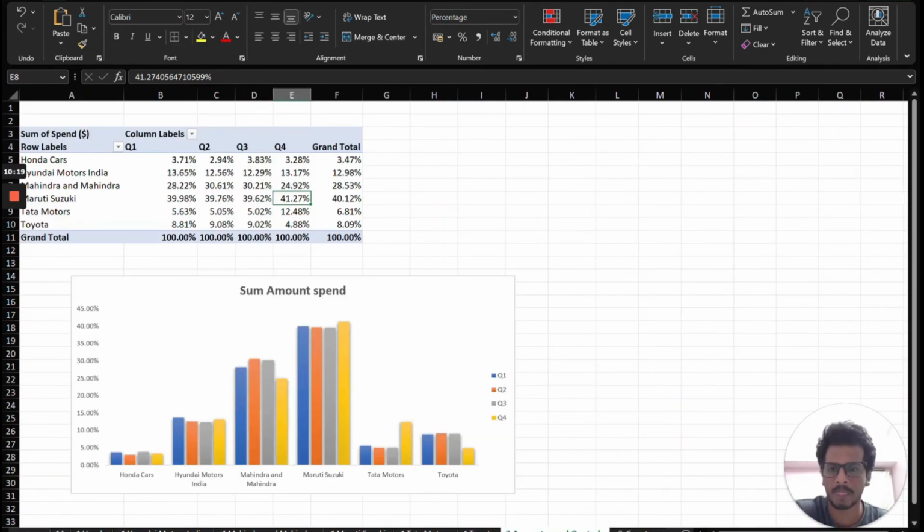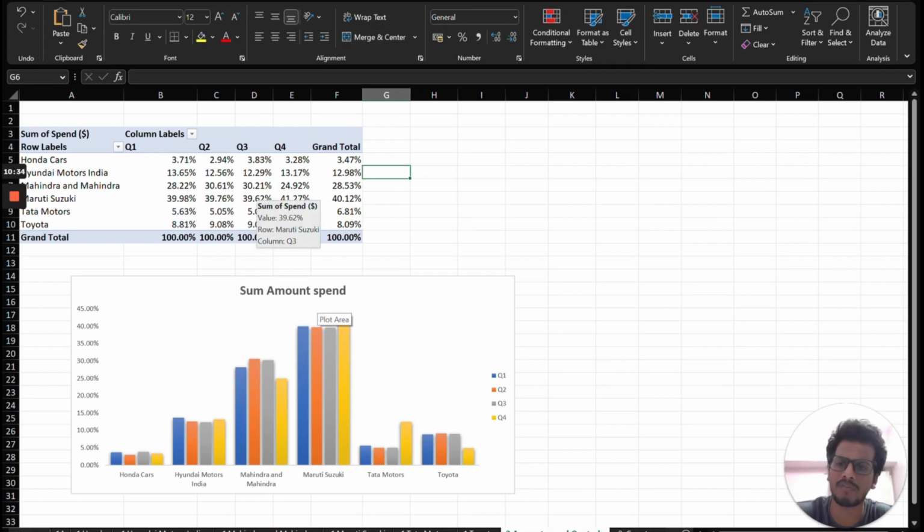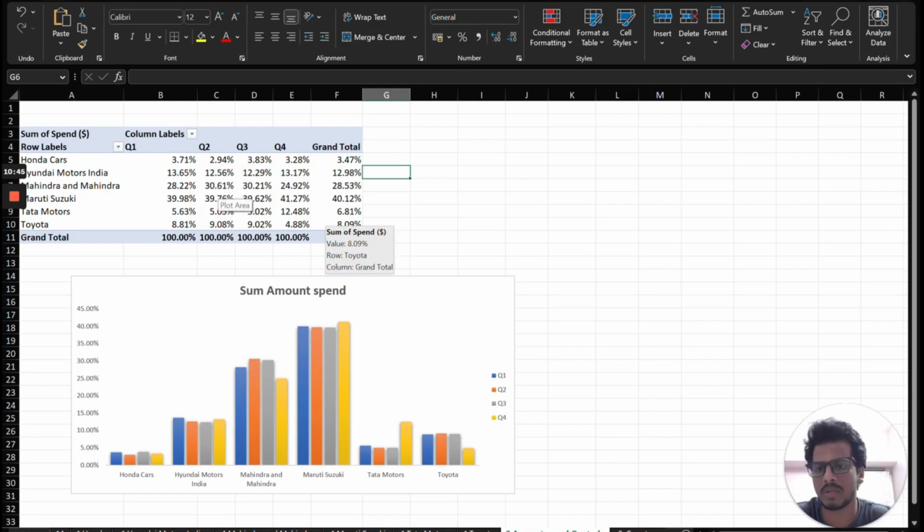Second, I've tried to find out the percentages, how much they have spent over the different quarters. We could visualize this by the sum of the money spent as well as the average of the money spent, but it looks more presentable and understandable with percentages, so that's why I did that.